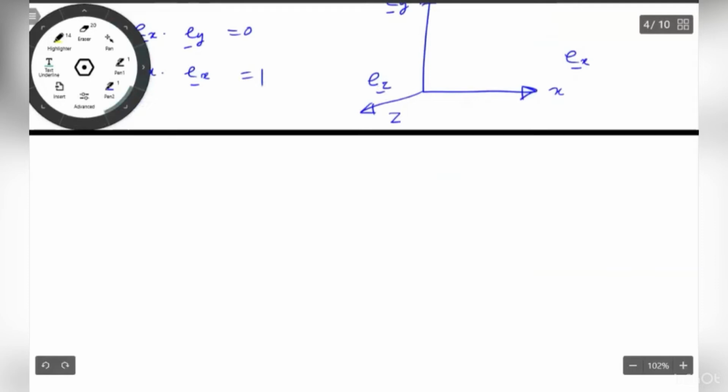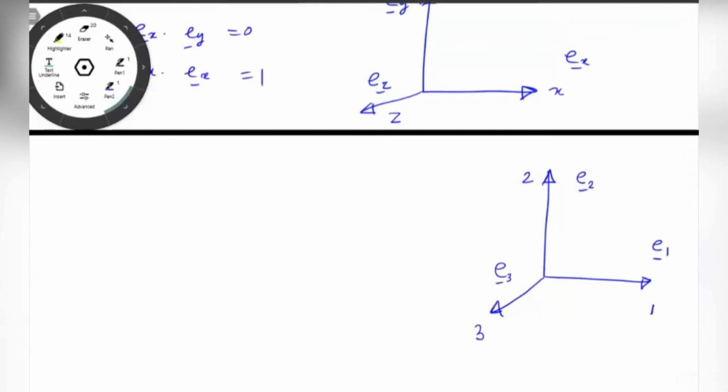Same way, if you define a coordinate system which has directions 1, 2, and 3, for the one direction, the unit vector is e_1. For the two direction, the unit vector is e_2. And for the three direction, the unit vector is e_3.